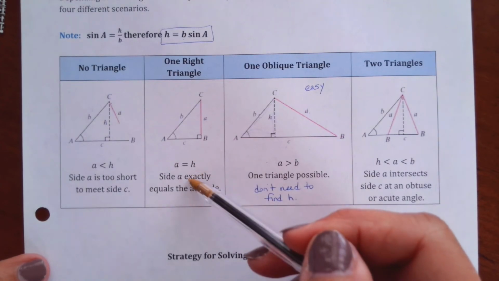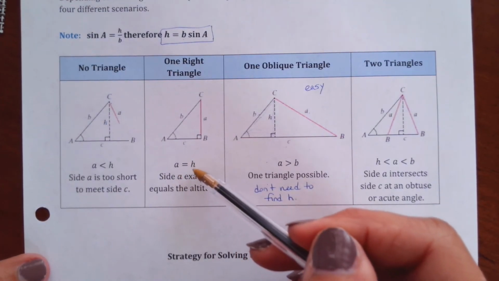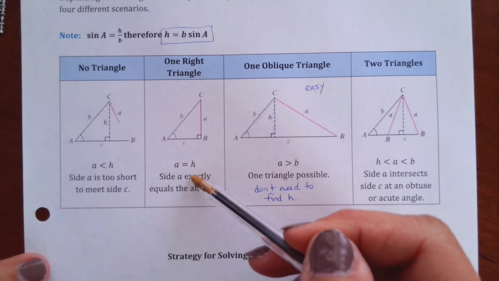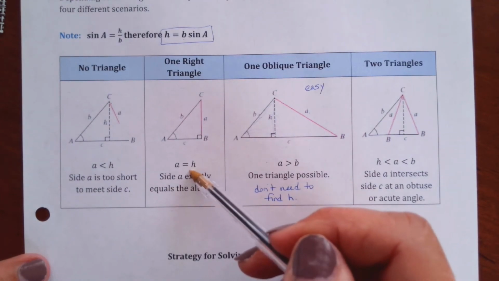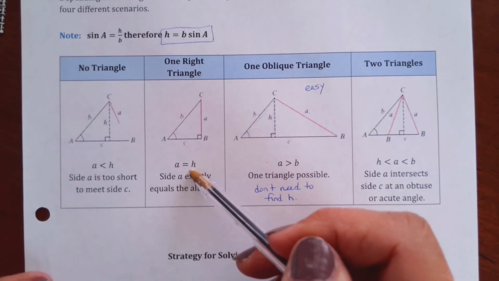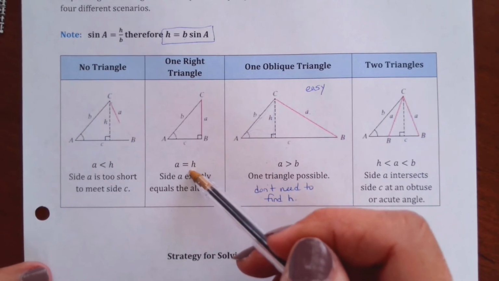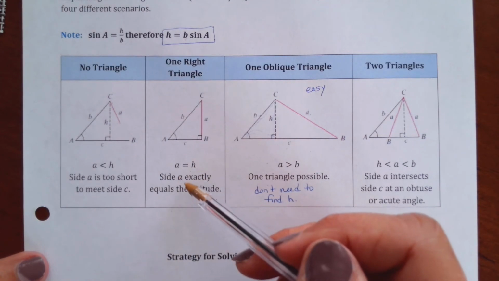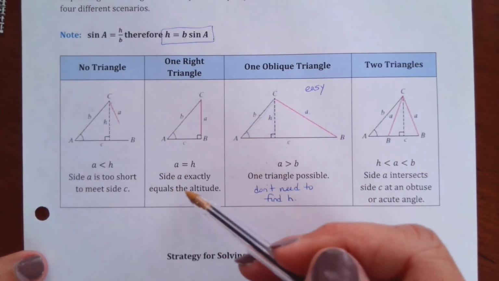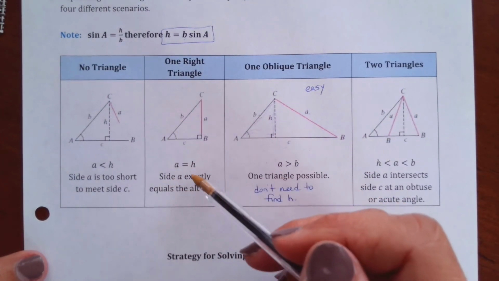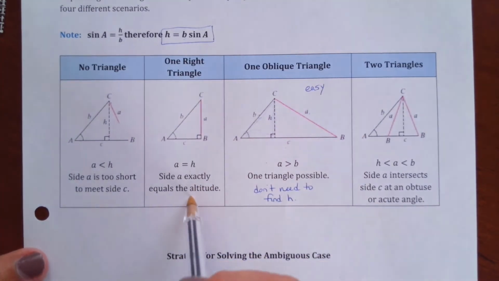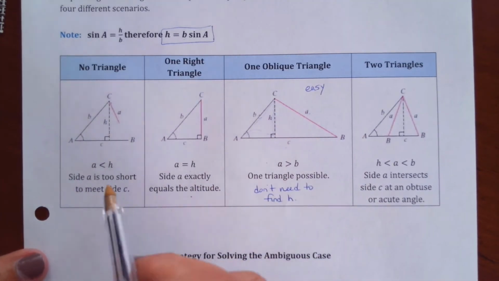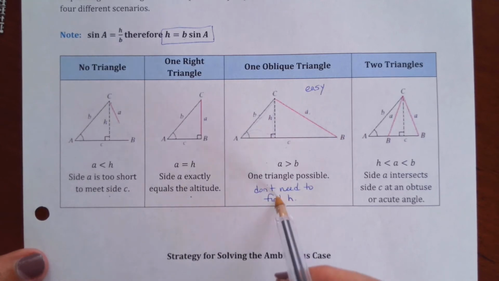So if it's a right triangle, then a would equal h, and then you'd solve it using your trig ratios. Okay, what we learned in the last few chapters. All right, but again, in this section, 99% of the time, you're not going to be given this, okay? Because we've already done these 100 times, so we know you know how to solve this. Okay, so no triangle, one triangle.